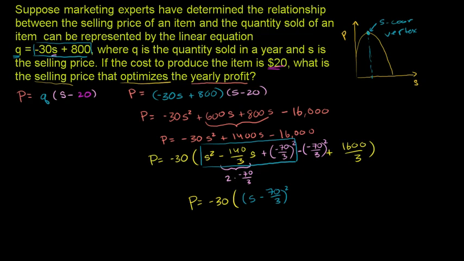And then we have all of this business over here: minus negative 70 over 3 squared plus 1600 over 3.